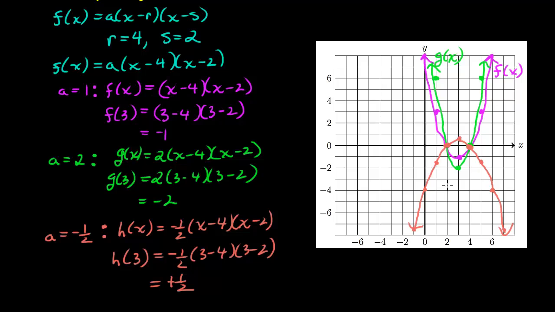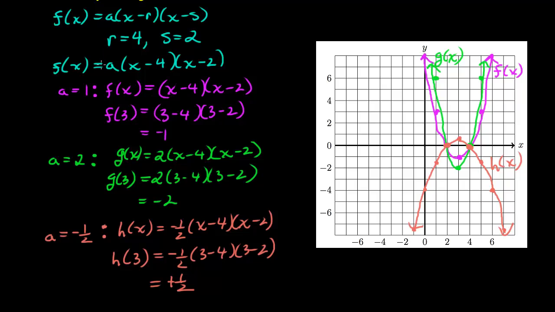And we're done. We'll label the function as h of x, and now we have the family of quadratics where the zeros are 4 and 2, and we have at least 3 members of the family graphed on the grid.